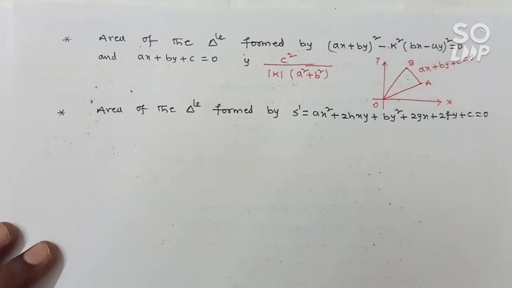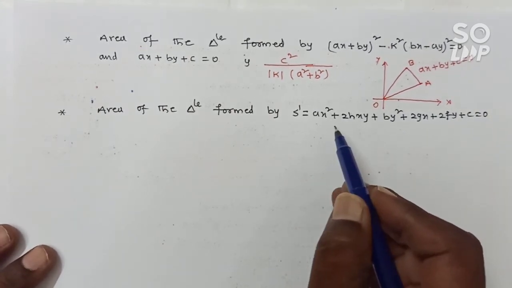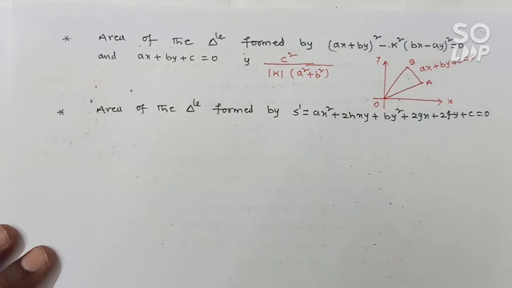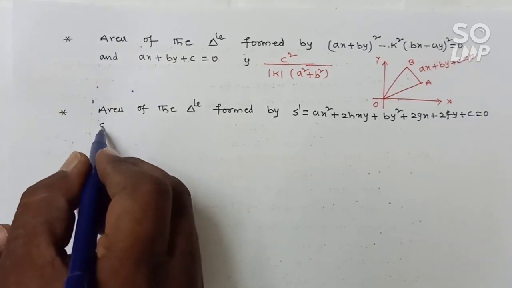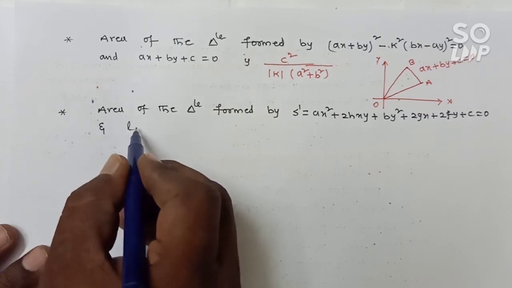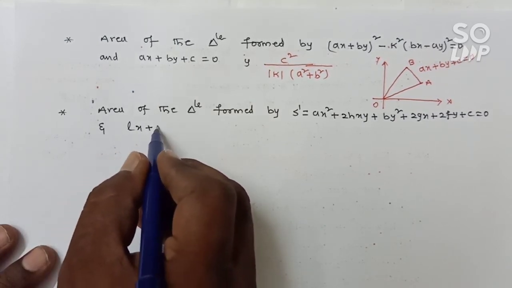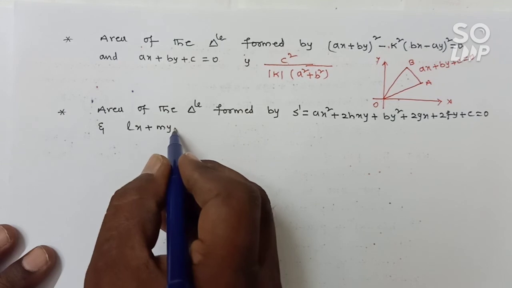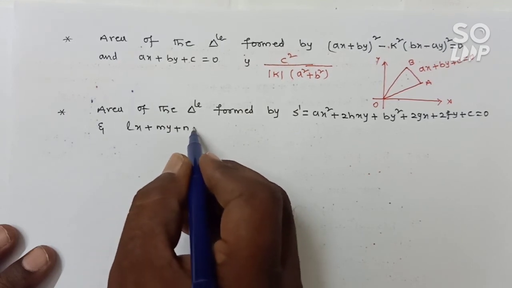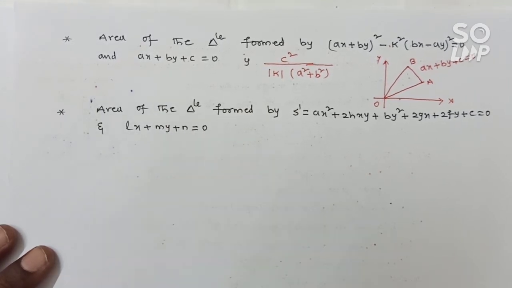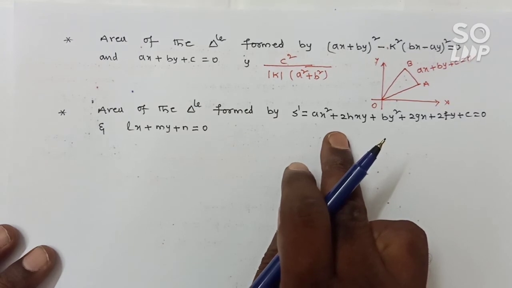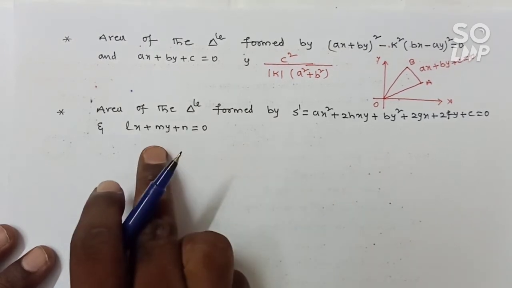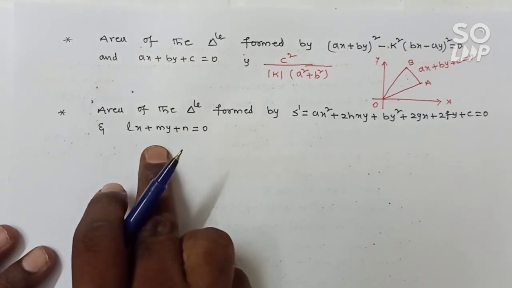You know, clearly this equation represents the lines not passing through the origin, and lx plus my plus n is equal to 0. So this one is another side. So the first equation will represent the two sides and this one is the other side.